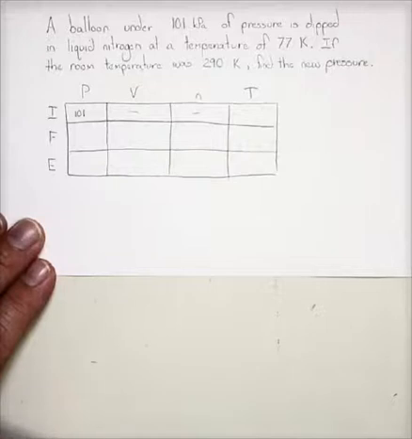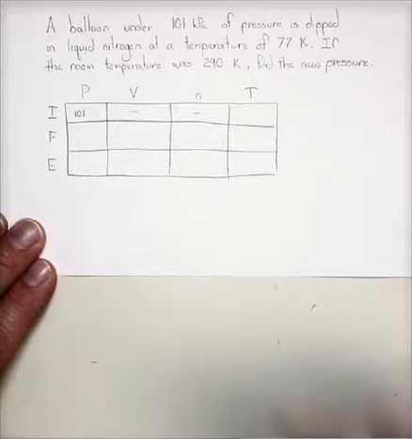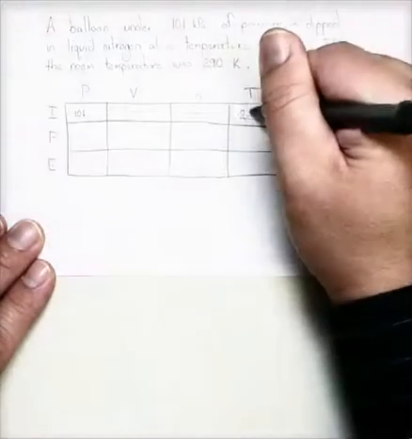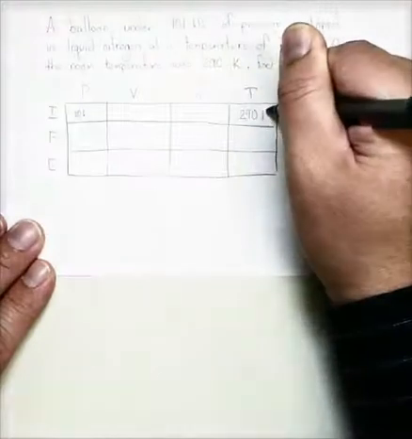The balloon is dipped into liquid nitrogen at a temperature of 77 Kelvin. Room temperature was 290 Kelvin. Stop and think for a second about which one came first. It was in the room first. The initial temperature is 290 Kelvin.